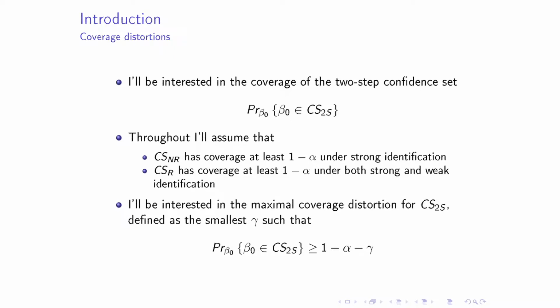So the idea here is that this two-step confidence set will be a nominal 1 minus alpha confidence set, where in saying this nominal, I'm ignoring the fact that I'm selecting among these different procedures. And the object I'll be interested in is the maximal distortion of the two-step confidence set, by which I mean the smallest value gamma such that the coverage of the two-step confidence set exceeds 1 minus alpha minus gamma.